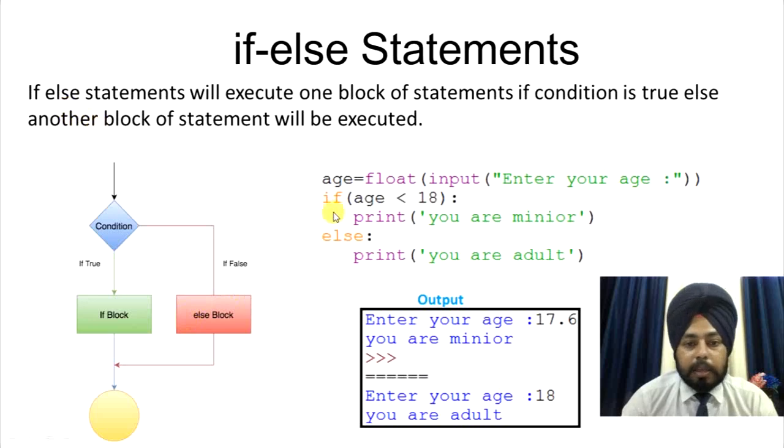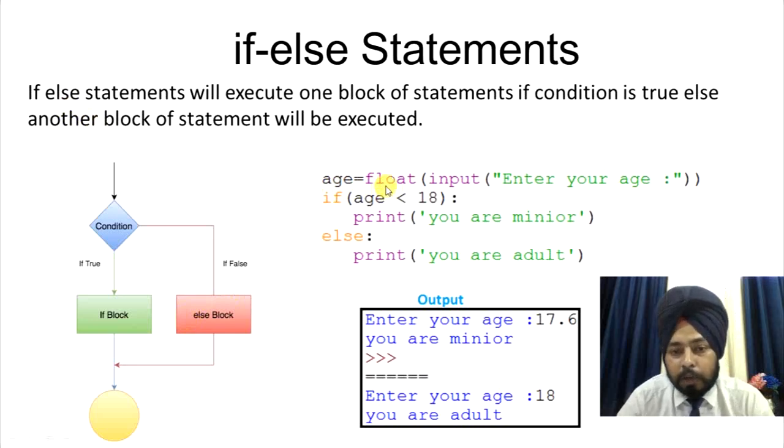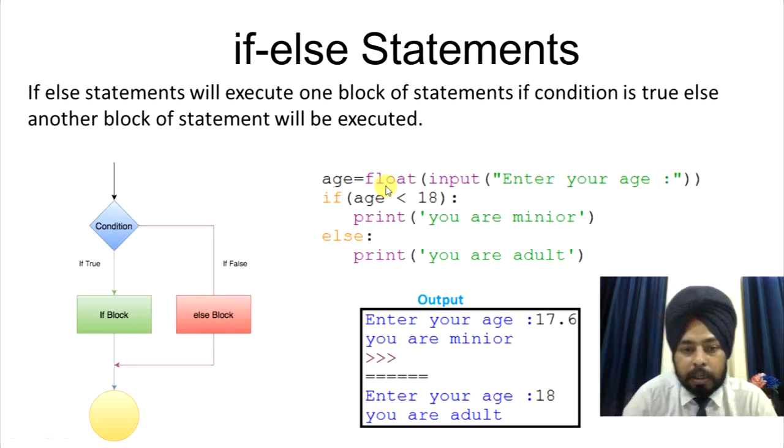The example is also given here. I have used the float data type here because we can enter the age in decimals also. For example, 17.5, 16.8 and any number. If age is less than 18, then it will print you are minor.